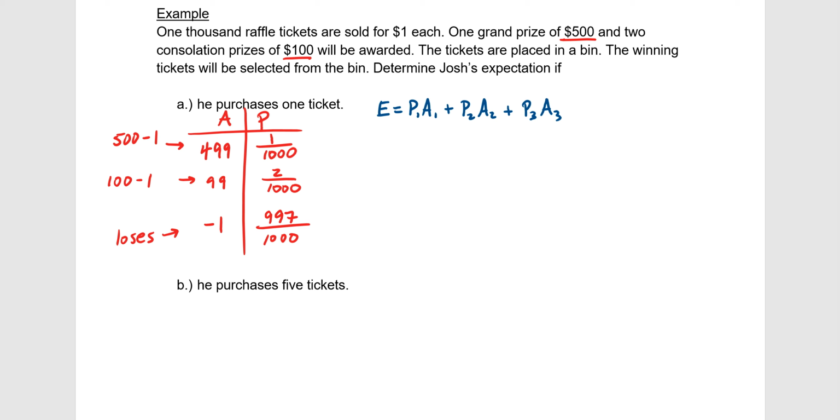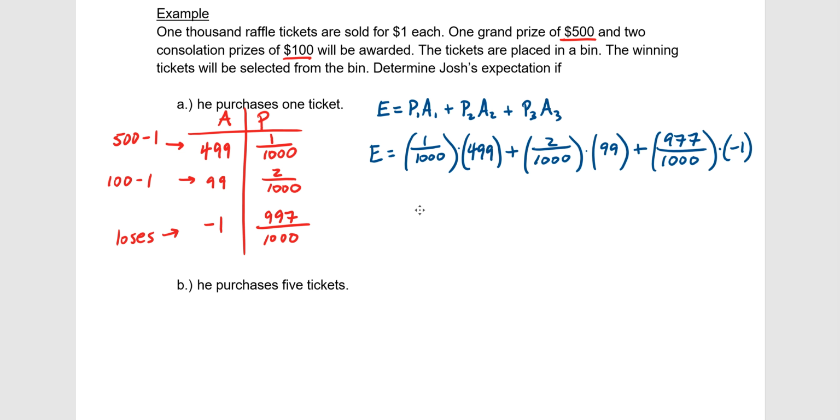So once we have that set up, hopefully the rest is pretty simple. So let's go ahead and plug all this in. So it's going to be P1 times A1. Okay, so P1A1 plus P2A2 plus P3A3. So if we combine all of these, let's just multiply them first.